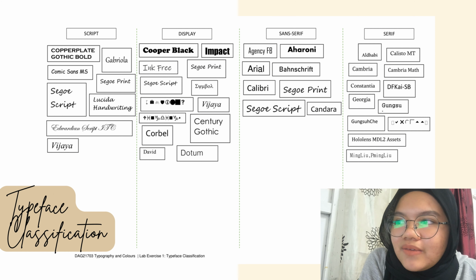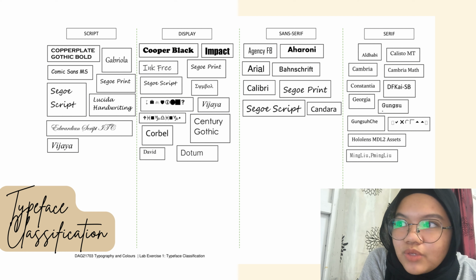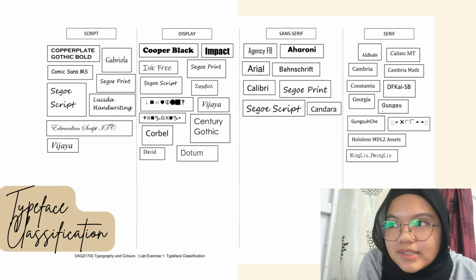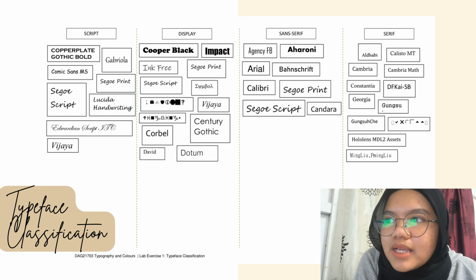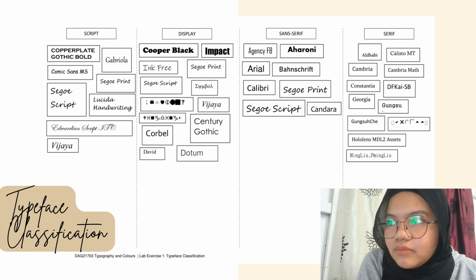On display, we can see Cooper Black, Impact, Ink Free, and Segoe Print. At sans serif, we can see Agency FB, Aharoni, Arial, and Bahnschrift. And at serif, we can see Aldhabi, Calisto MT, Cambria, and Cambria Math.